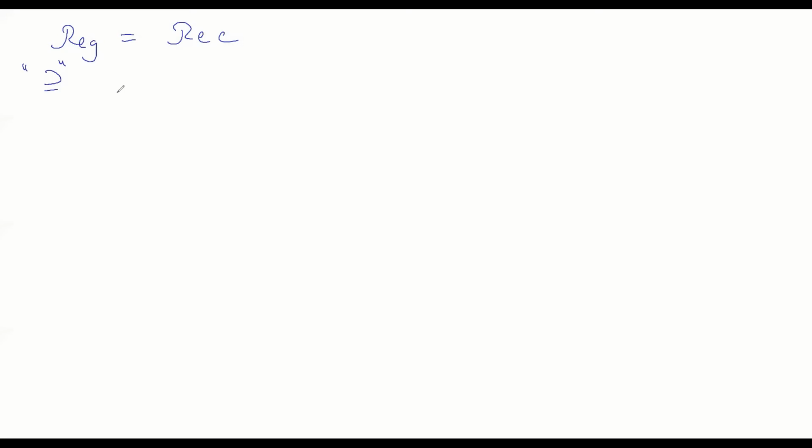So let's take a language L to be recognizable. And what this means is that there is an automaton. So L is the language of an automaton A. And let's say that A is a deterministic finite automaton.